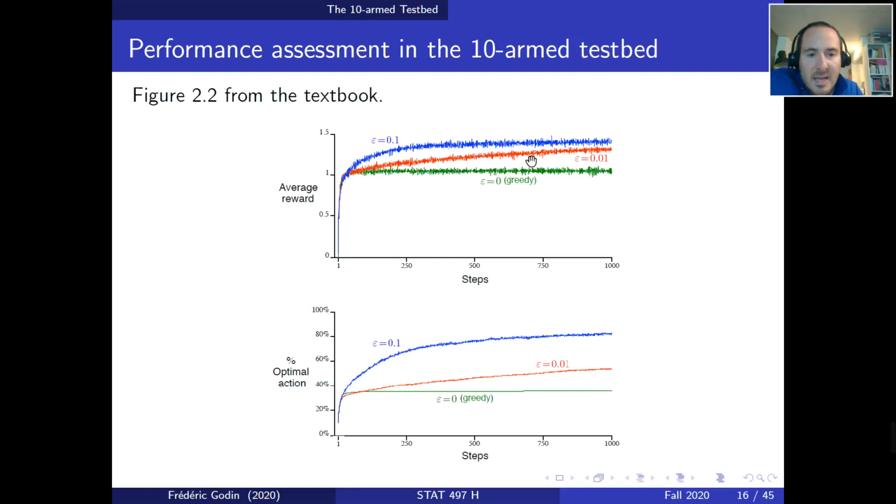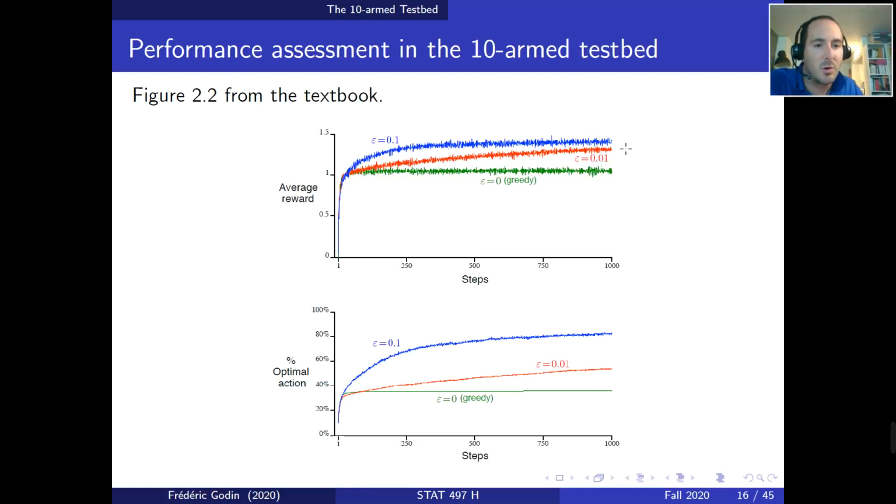What would happen is that the red curve would eventually cross and outperform the blue curve. It takes more time for the red curve to discover the optimal action, but once it does, it samples it at least 99% of the time, so it stays more often with the optimal action.